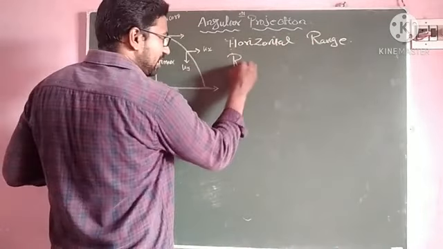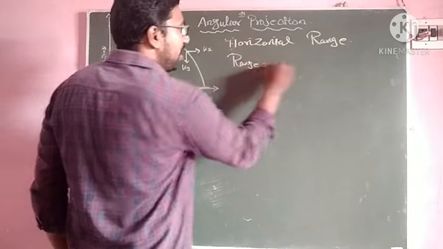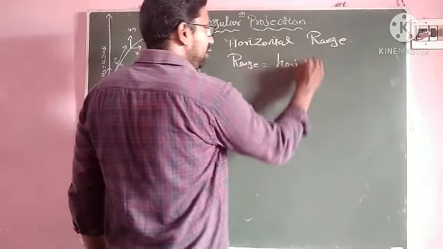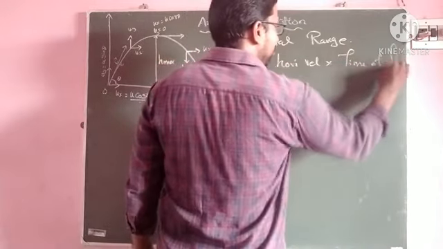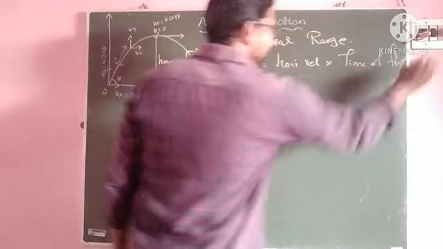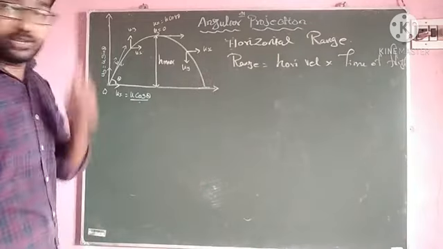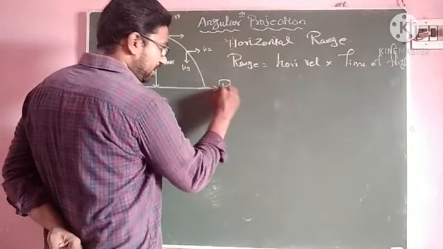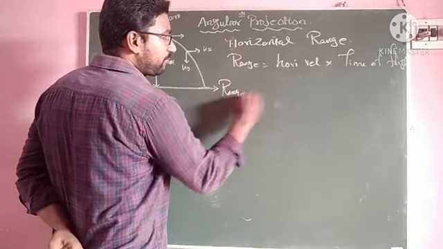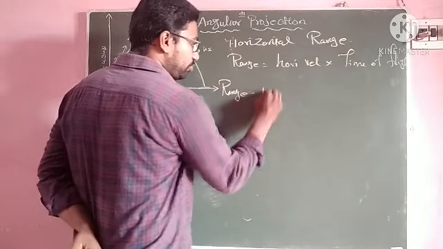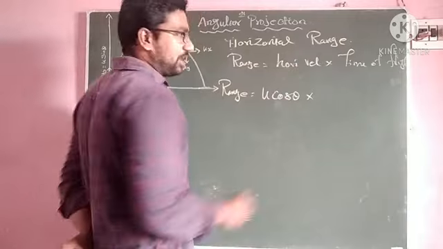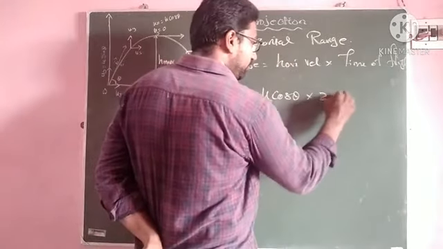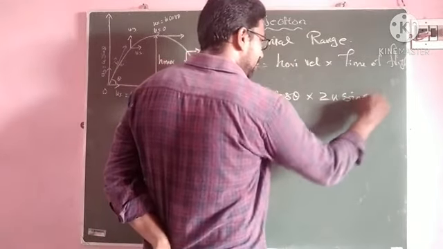So range can be found by horizontal velocity into time of flight. You know very well the horizontal velocity expression. So the range is equal to horizontal velocity u cos theta into, what is the expression of time of flight? 2 times u sin theta divided by g.